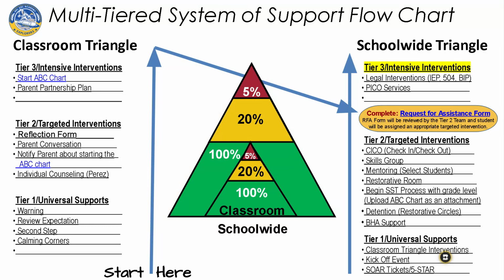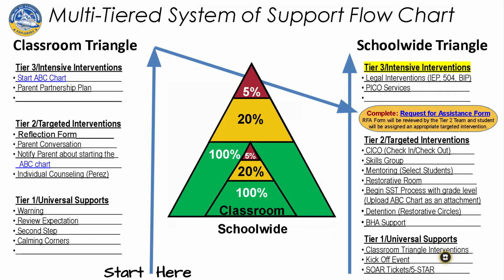And that basically means that 100% of our students at both the classroom level and the school-wide level are receiving universal supports. Those are things like reviewing our SOAR expectations, having our back-to-school kickoff event for SOAR, making sure that we are providing Second Step lessons, access to calming corners, providing warnings when we're having minor or low level behaviors.